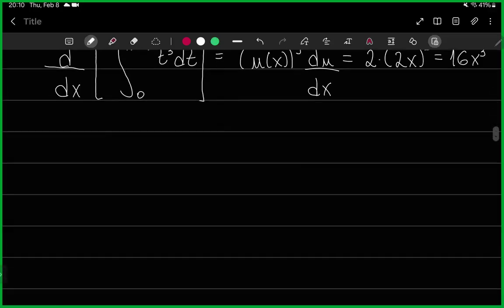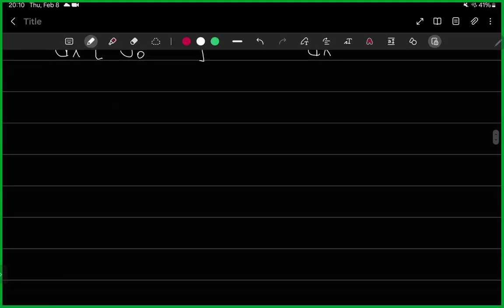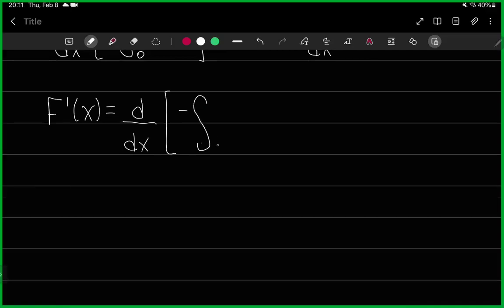Now we need to go back to our first question. We needed to find f prime of x. So f prime of x is going to be d dx of our whole integral, the integral from x to 2x of t cubed dt.